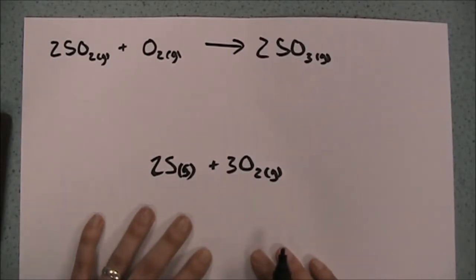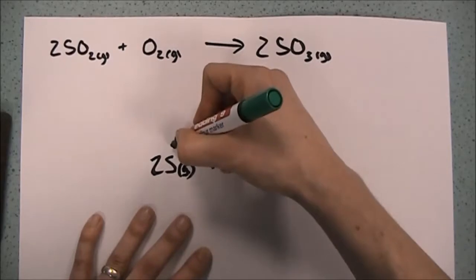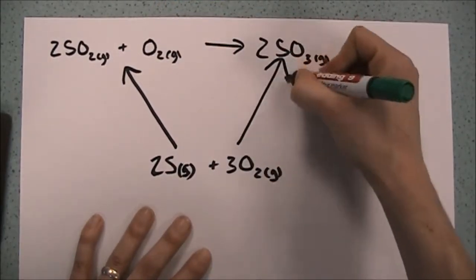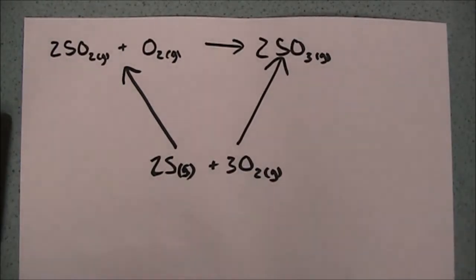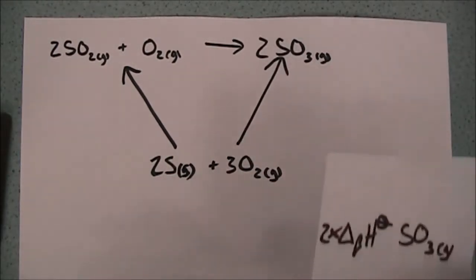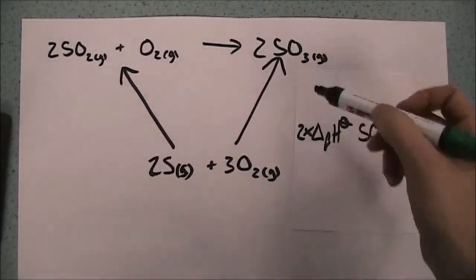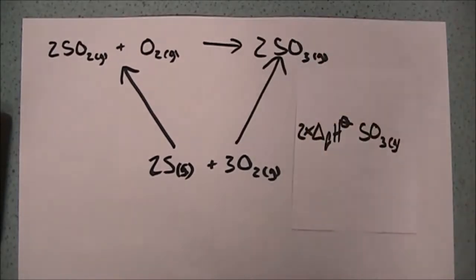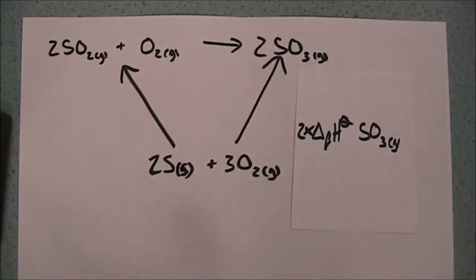We're going to use data which changes from the elements to the compounds, like that, and these are going to be the enthalpy changes of formation. So we have the enthalpy change of formation of sulfur trioxide here, and I'm multiplying that by 2, because we have 2 moles of sulfur trioxide on that side, so we need this value to be twice as much, because the definition of this value is for 1 mole.